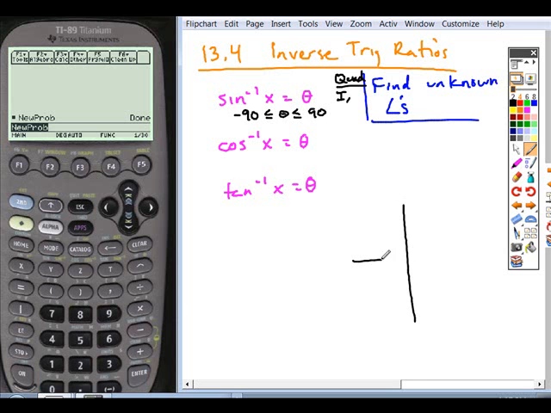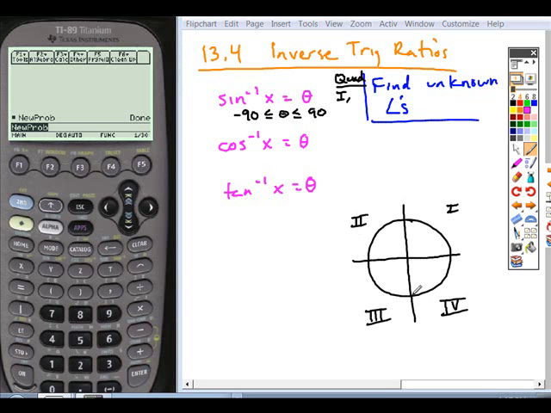Let's look at our unit circle here. So we have quadrant 1, 2, 3, and 4. Where is the inverse sine identified? From negative 90 to positive 90. So quadrants 1 and 4.